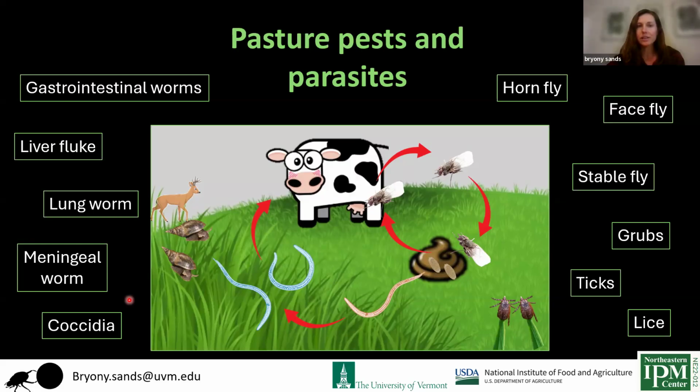And as you can see, these pests and parasites have part of their life cycle that's completed out on the pasture, generally through the dung. But there can be other hosts such as snails and deer, as we'll find out later in the talk, that transmit these on our pastures as well.